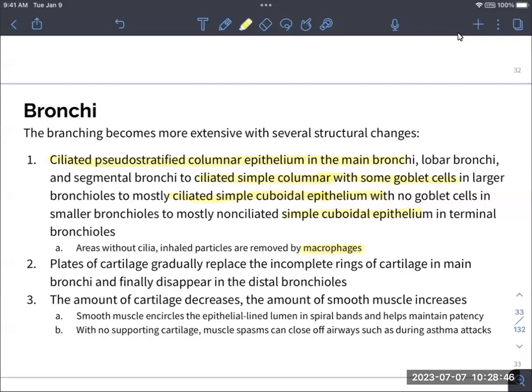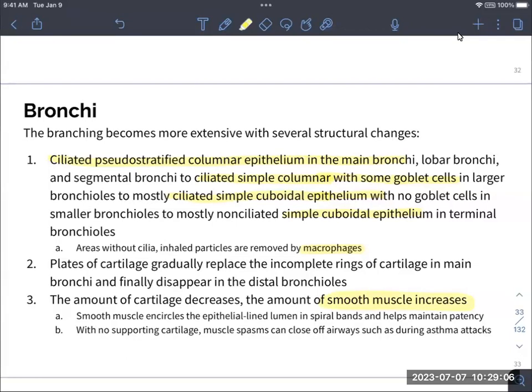Those cartilage rings start to become smaller and smaller until they finally completely disappear. We start to get more smooth muscle instead of cartilage rings.